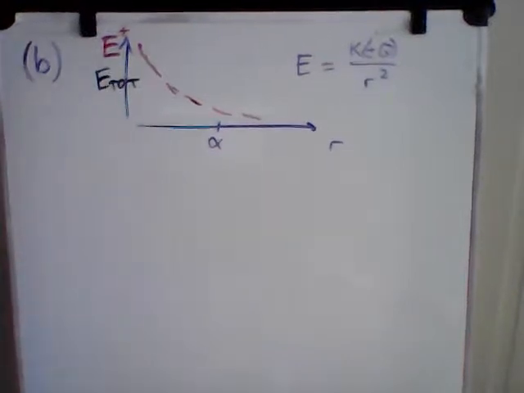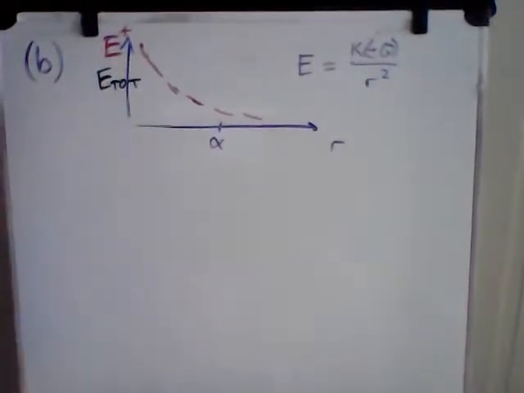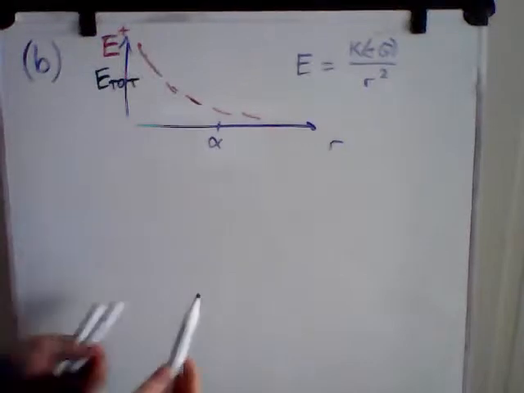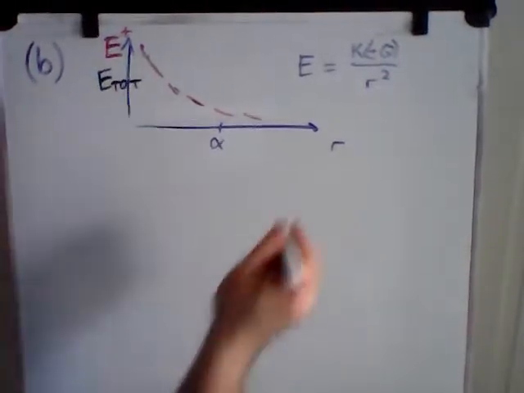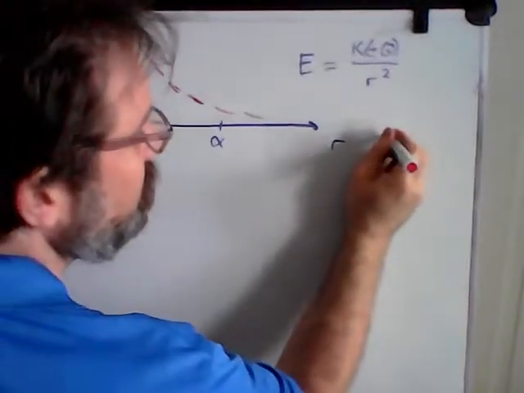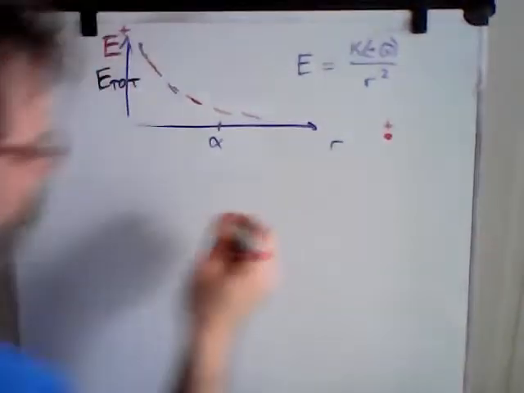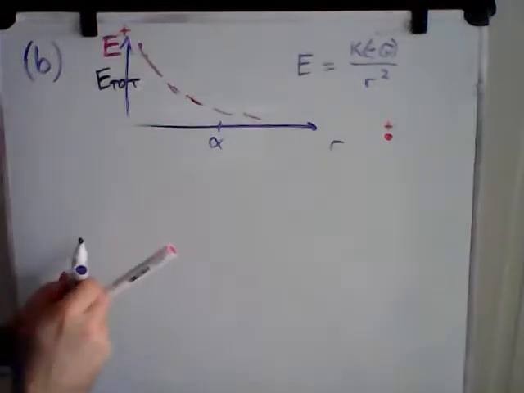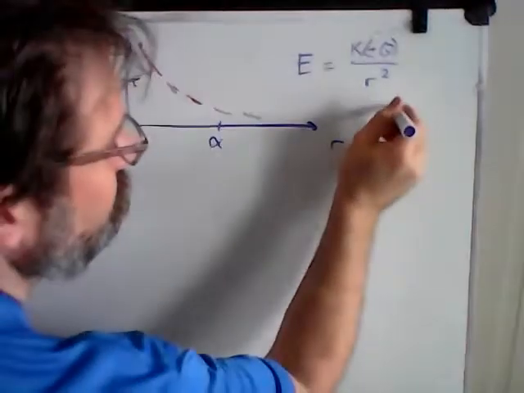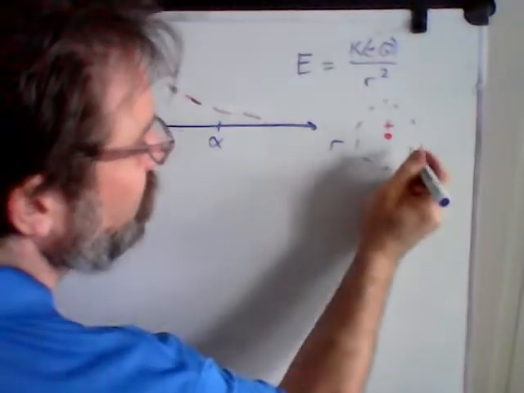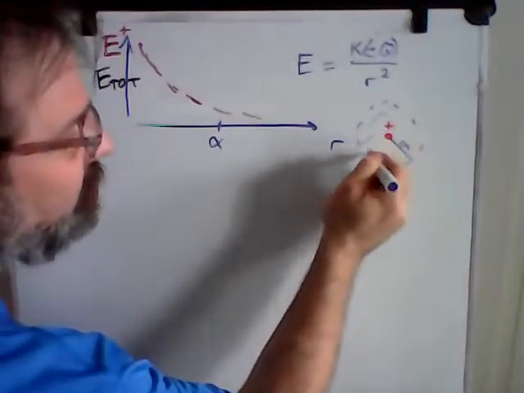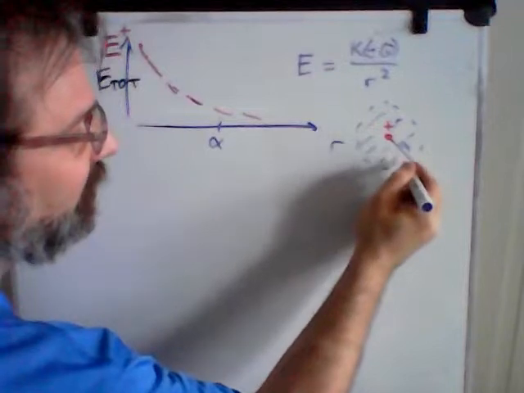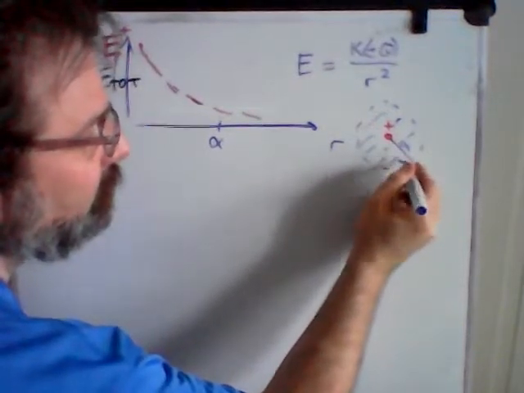Good. So if we look at the total electric field, now our model is, and we'll just draw a picture of what's actually going on. We've got the central charge, and then around it, out to a radius alpha, kind of an electron cloud, which is the negative charge.